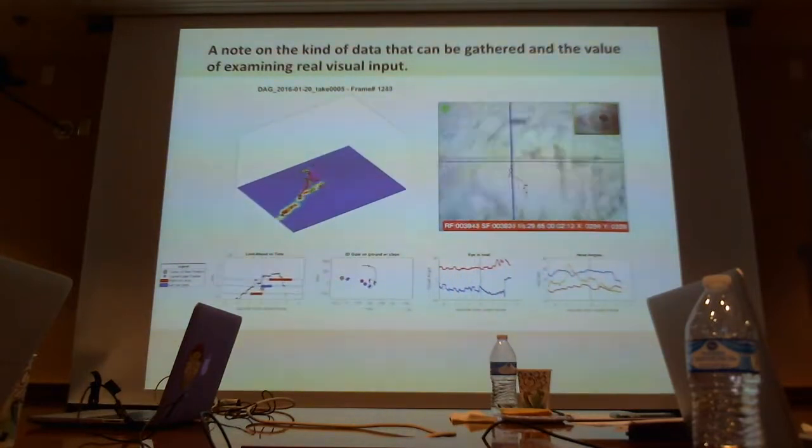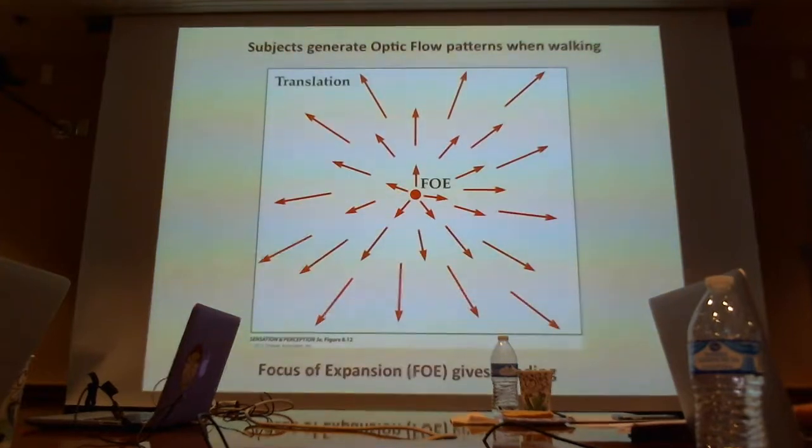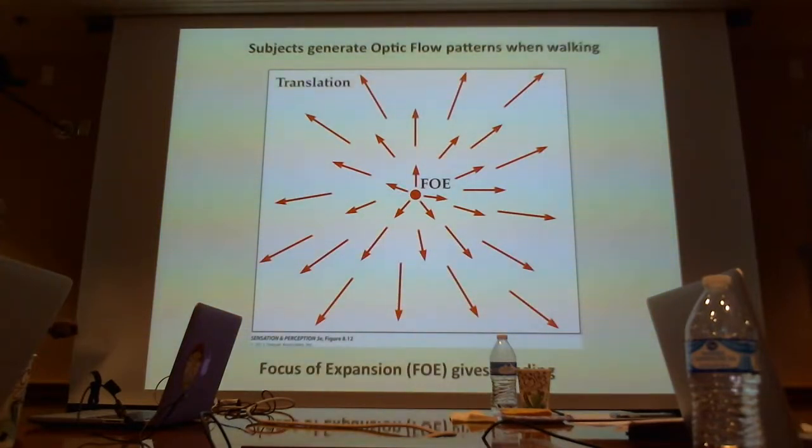There's another reason I included this, because I'm going to do this little aside and now think about what the visual stimulus is that you're getting. We've all been raised on these textbook examples of optic flow fields, and a lot of effort went into examining the role of the focus of expansion.